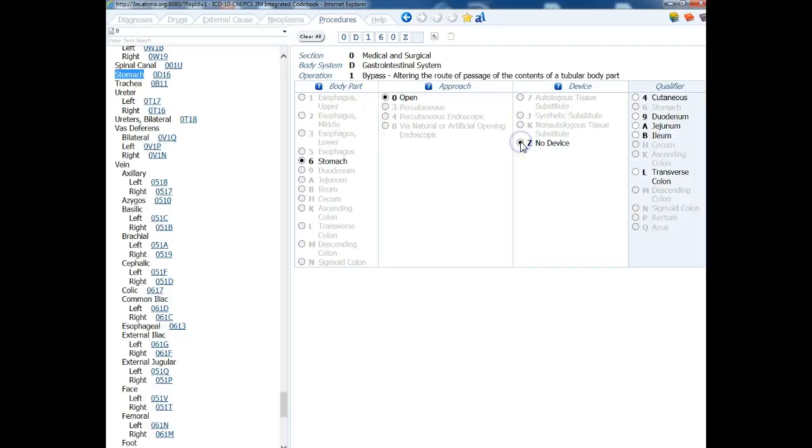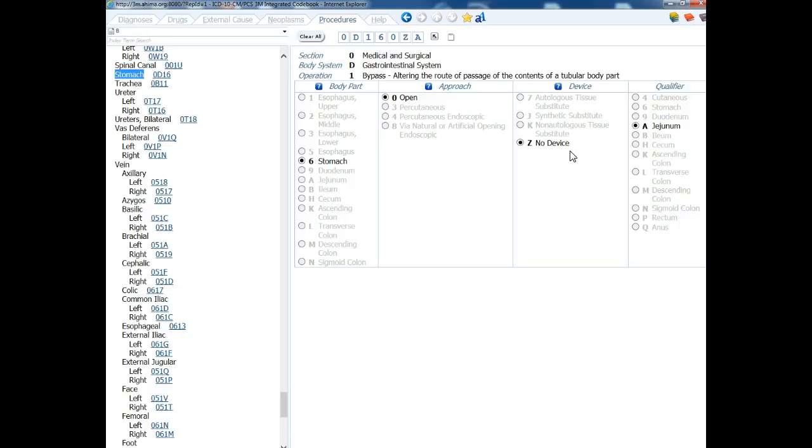There is no device, and I am going to the jejunum, right? Yes. So my code for this is going to be 0D160ZA. So I went from my stomach to the jejunum. My root operation is bypass, and there is no device. Okay? I hope you're getting a little more comfortable with these.